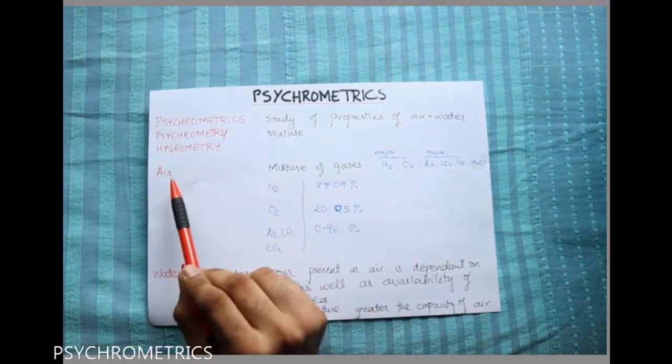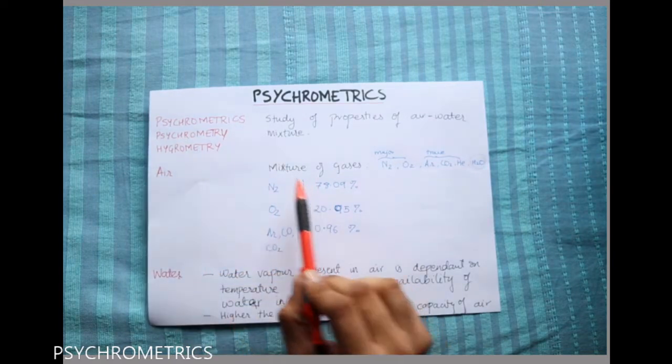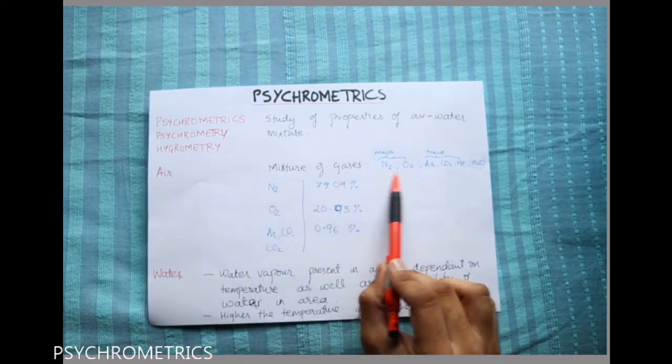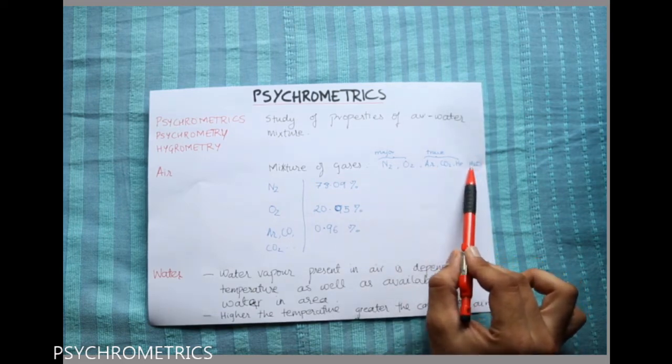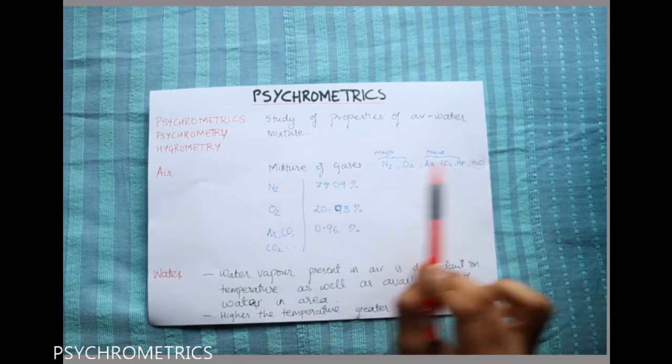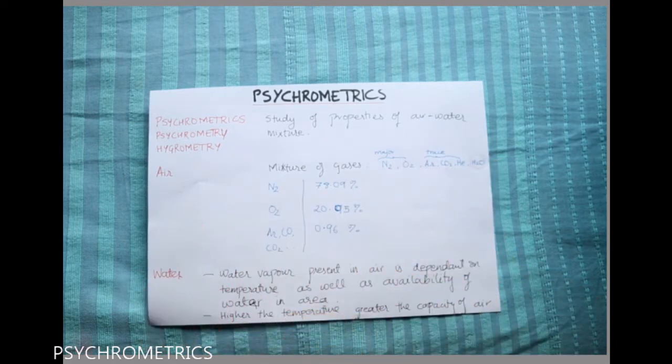So we have got two components, air and water. Air is a mixture of gases which has major and minor or trace components, and it does not contain water vapor. This air is called dry air.